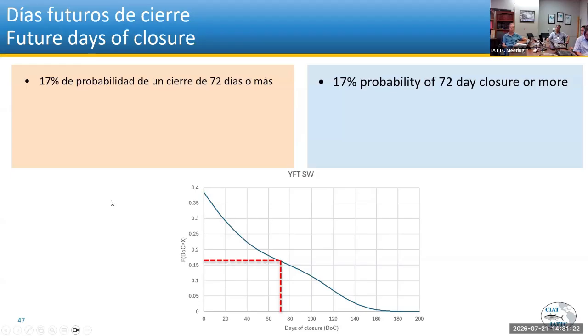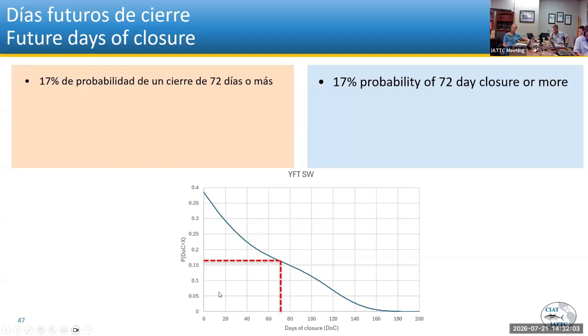So for example, this here is the right-hand part of the probability distribution for days of closure. And this is cumulative probabilities in the sense that the x-axis is the days of closure, and this is the probability that the days of closure is that value or greater. So if you take this point here, there's nearly a 40% chance that you're going to have a closure, right?